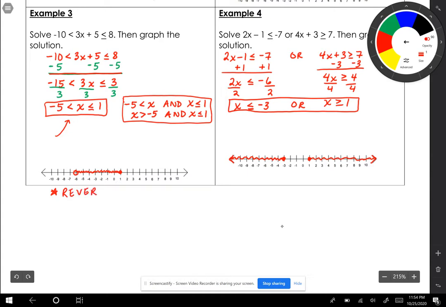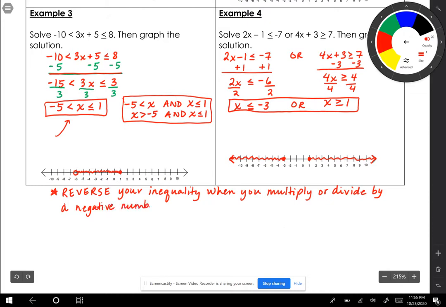You need to reverse or flip, which means the same thing, your inequality when you multiply or divide by a negative number. So reverse or flip your inequality when you multiply or divide by a negative number. It has to be a negative number.